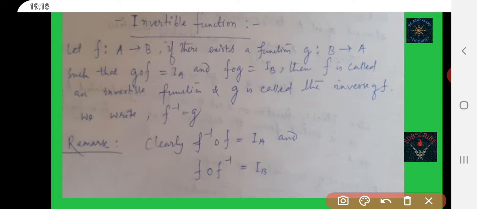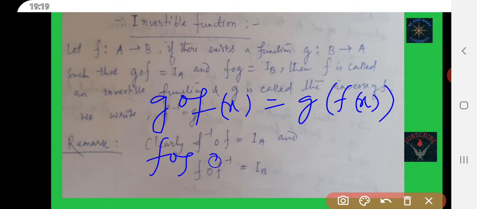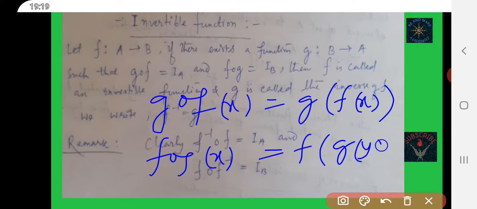And remember, g∘f can be written as g of f of x, and f∘g as f of g of y. Here y is there.